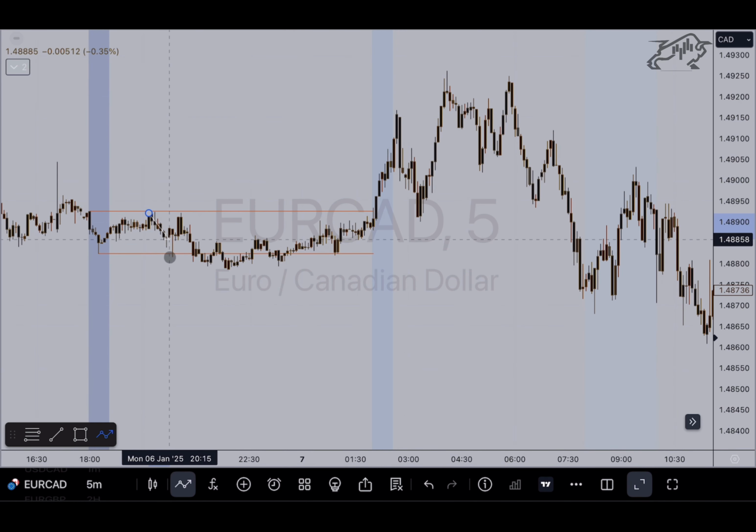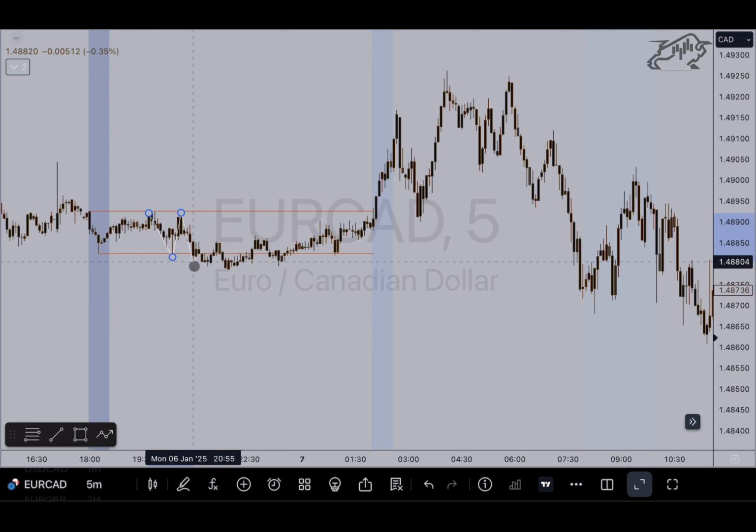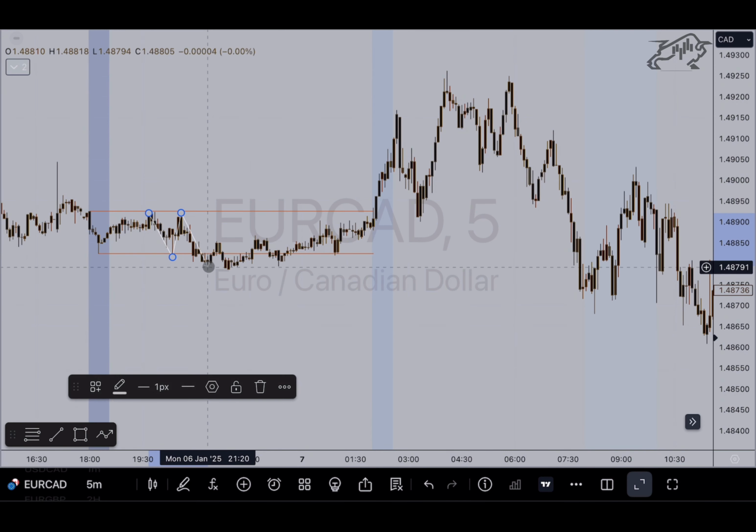I can see one forming right here. That's not the high. Right here. And I think this one is closing, but I'm just going to use this low.